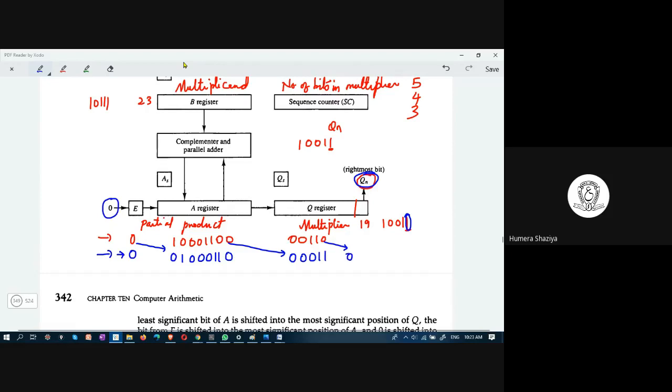This 0 is input and this bit is output. The EAQ right shift has been performed.